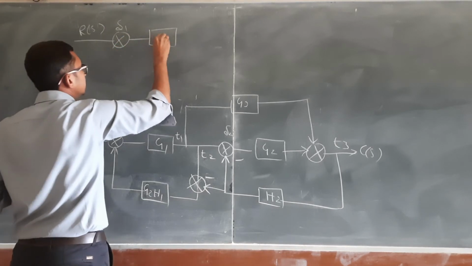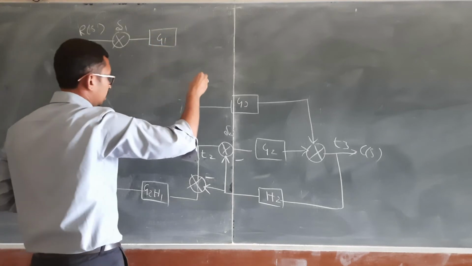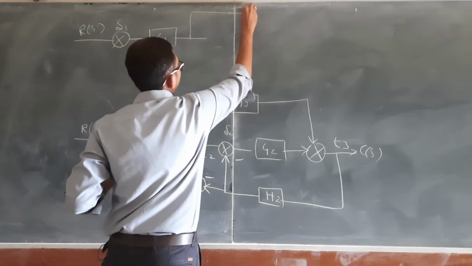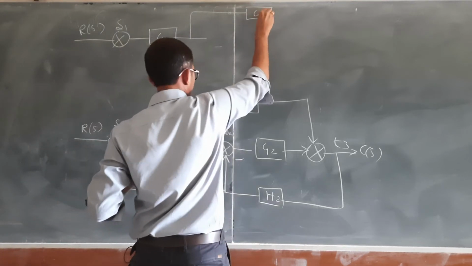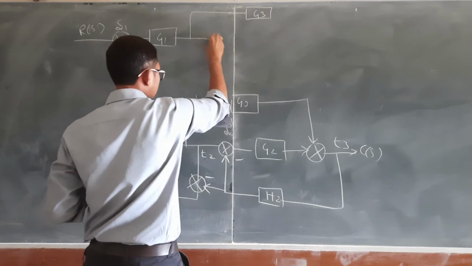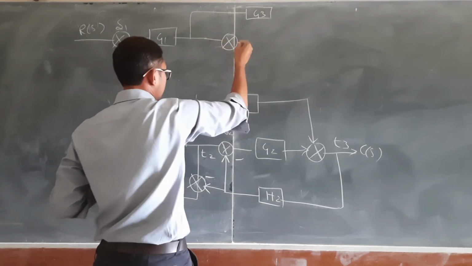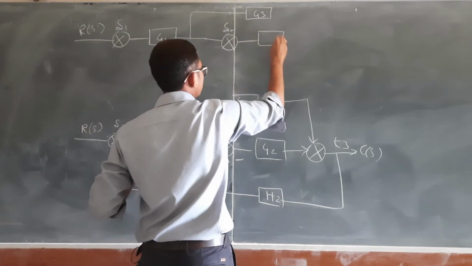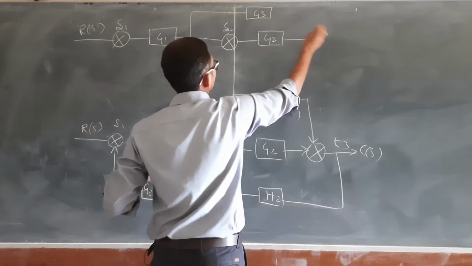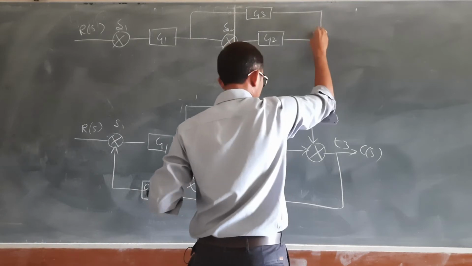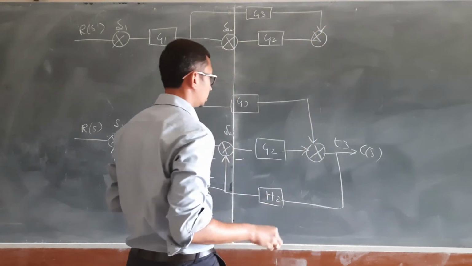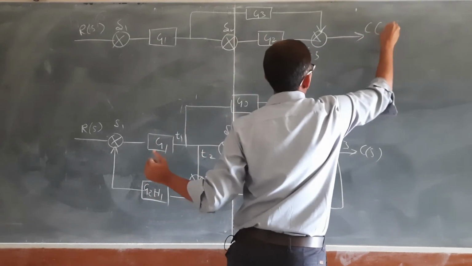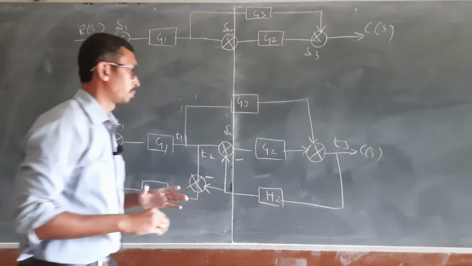Here we have G1, and here we have G3, and there is a summing point S2, and here we have G2, and there is another summing point, S3, and C of S. So now let us separate the paths.